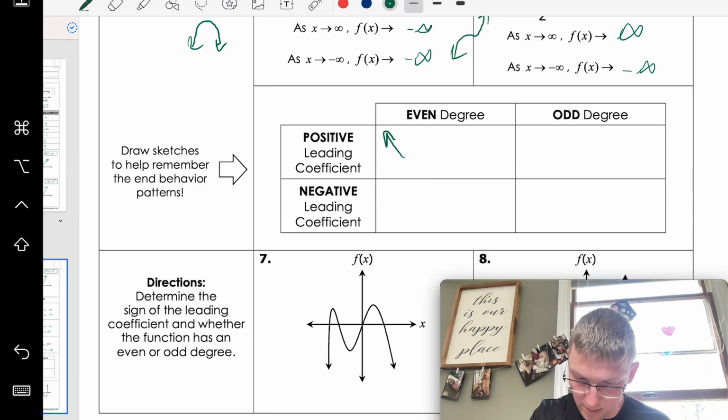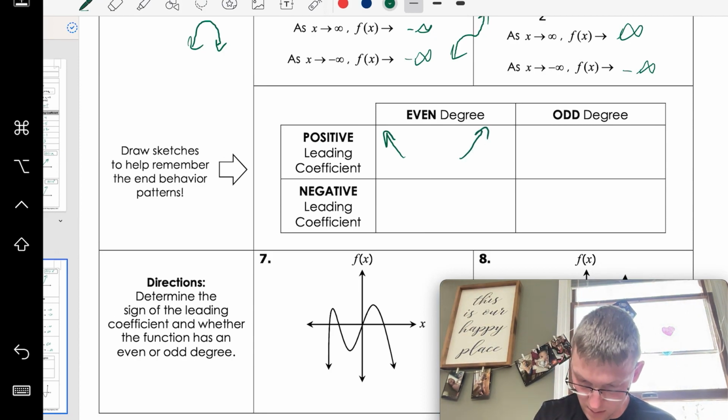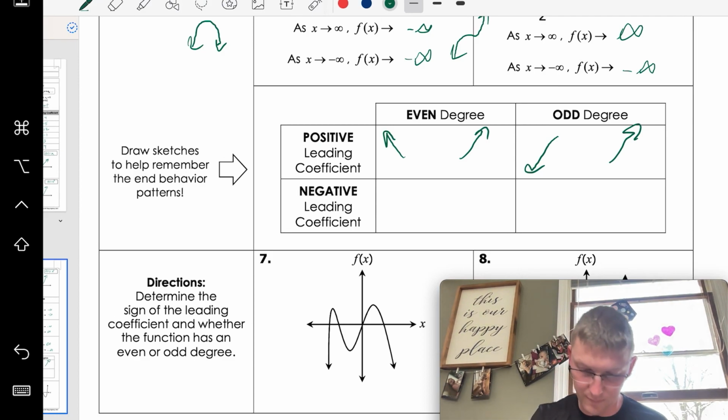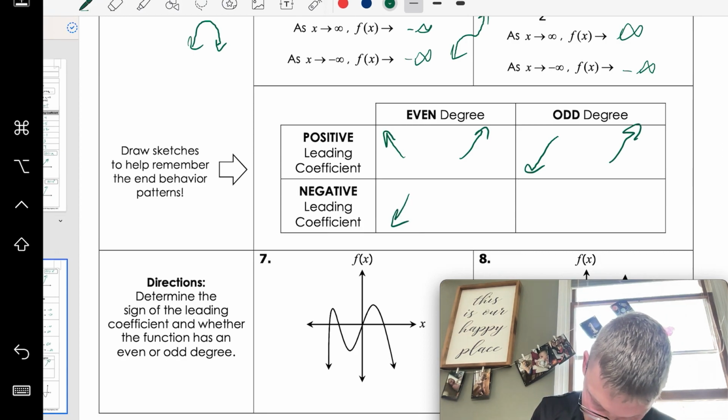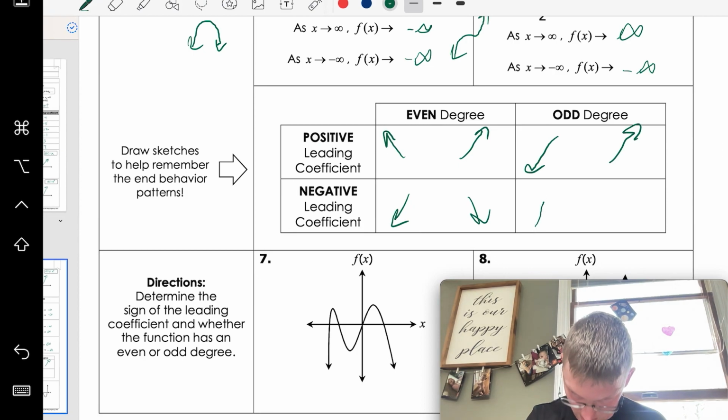If it's an odd degree, as you go to the left it's going down, and as you go to the right it's going up. If the leading coefficient is negative, it's just the opposite of all of that.